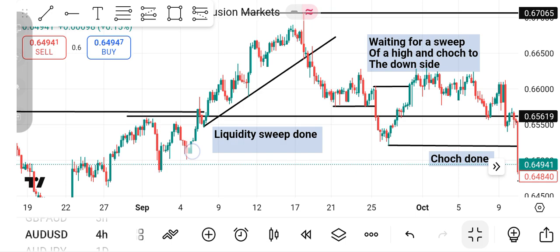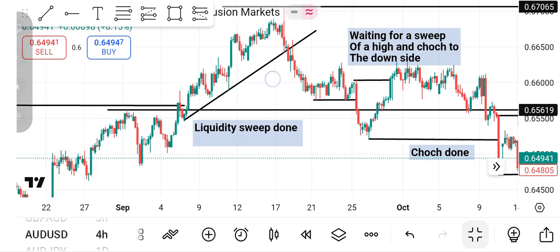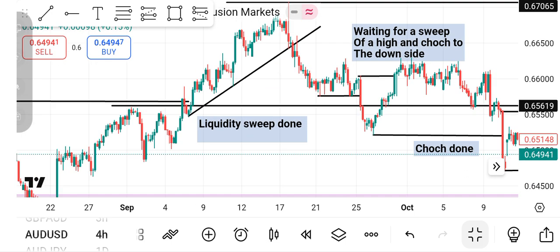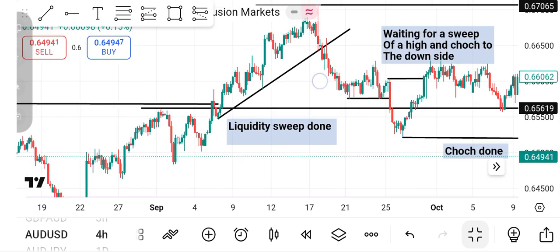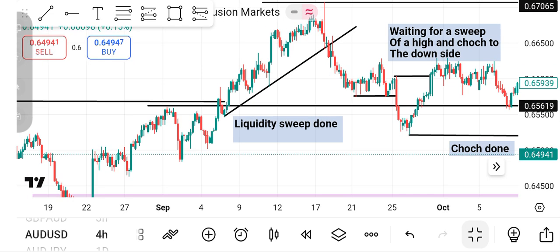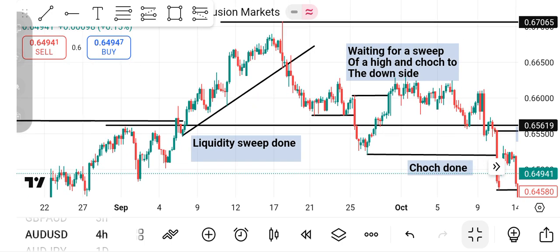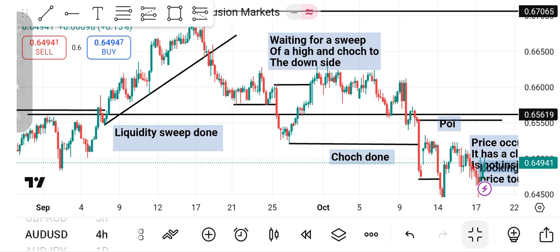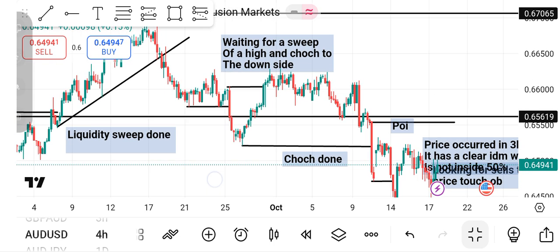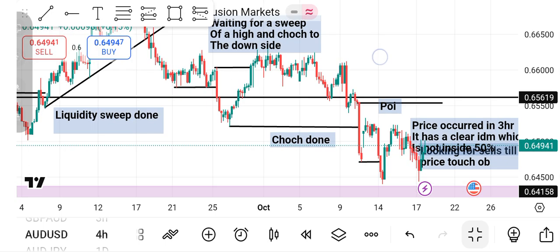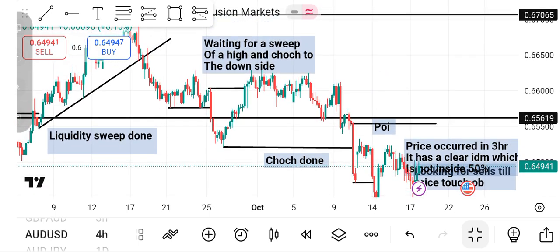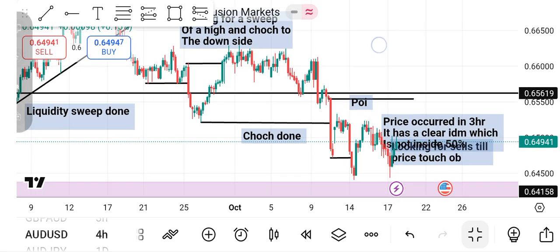Now, if you look very well here, you can see that this is the liquidity I'm waiting about. Then price clears this liquidity, right? What again am I going to wait for? I will wait for a change of character to the downside.